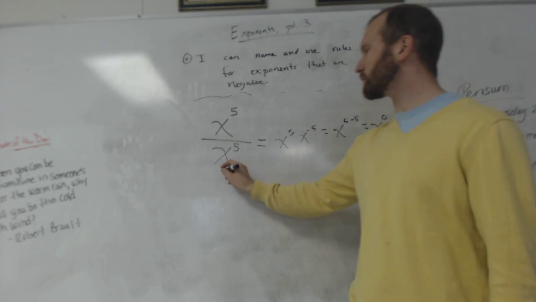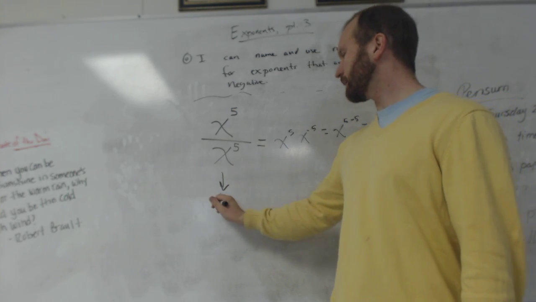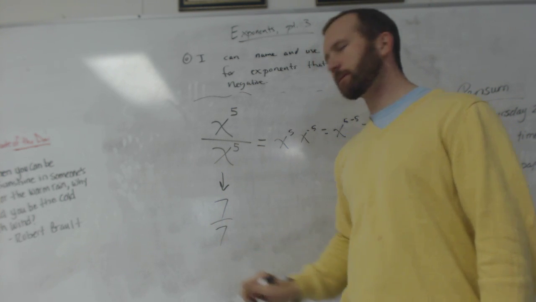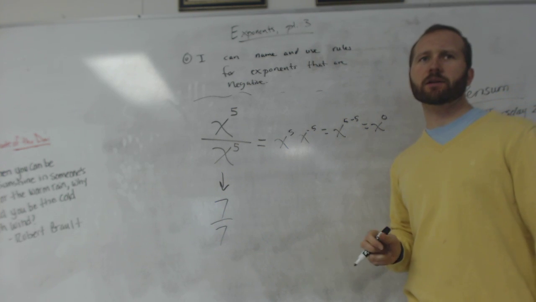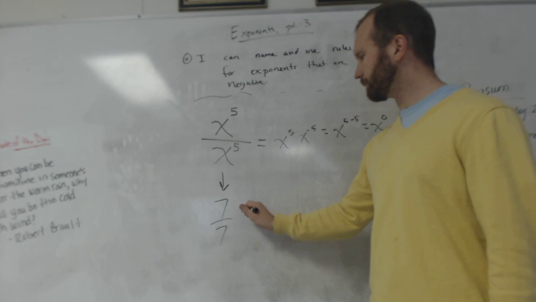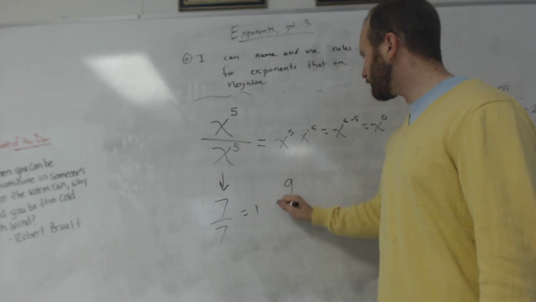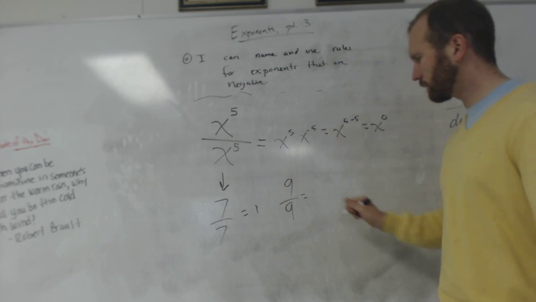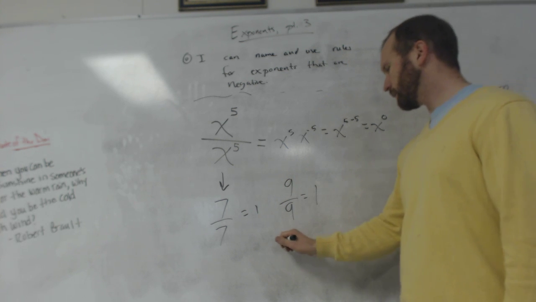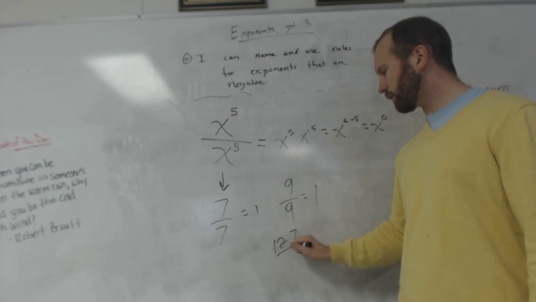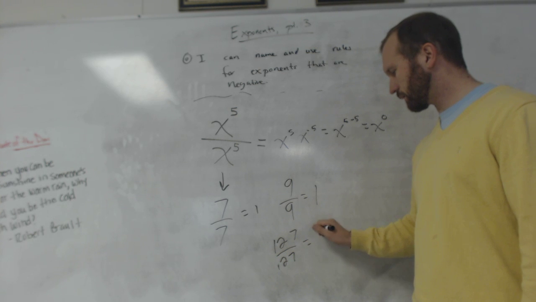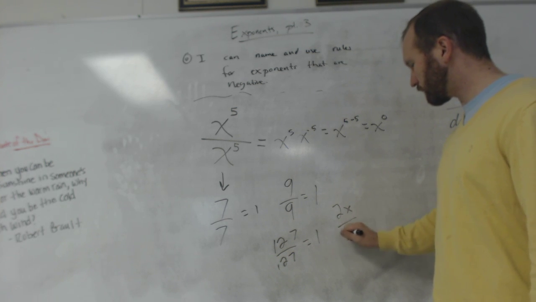Look back at this first problem. What if I had 7 over 7? What is 7 divided by 7? 1. What if I had 9 over 9? 1. What if I had 127 over 127? 1. What if I had 2x over 2x?